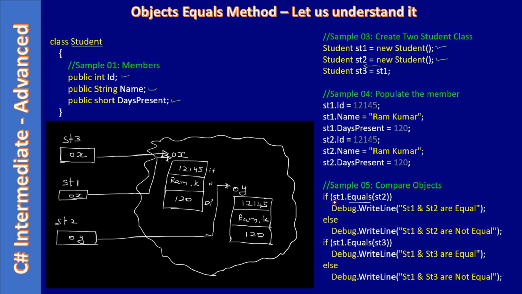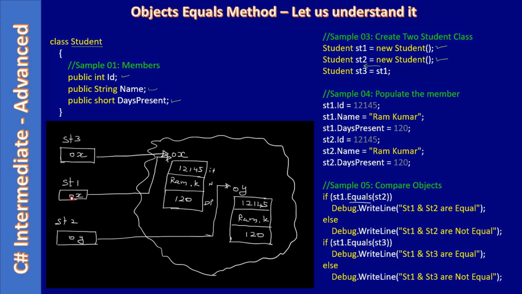Now, st1.Equals(st2). Here we are calling the Equals method on the st1 object and passing st2, comparing st1 and st2. The default Equals, or the object's Equals method, compares the content of the references. It won't dereference and compare the cells, because it doesn't know which cell to compare.